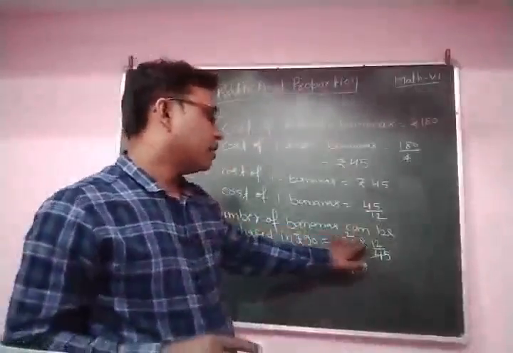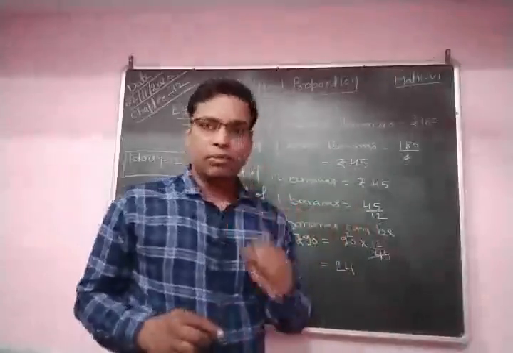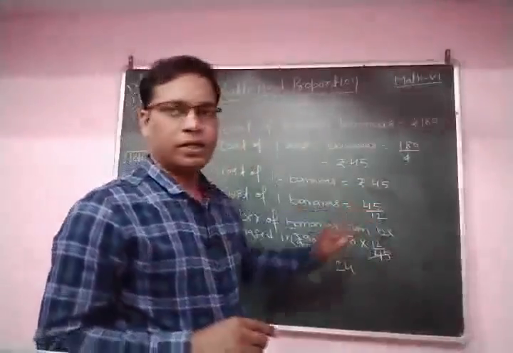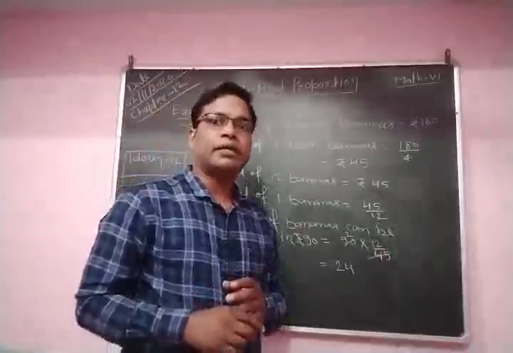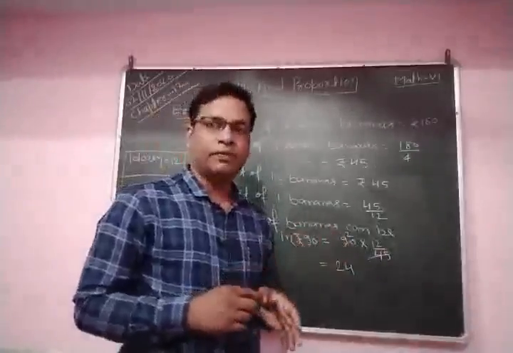This is clear. So the number of banana that can be purchased in 90 rupees is equal to 90 into 12 by 45, because the cost of one banana is 45 by 12. Or you can find the number of banana that can be purchased in 1 rupee is 12 by 45.